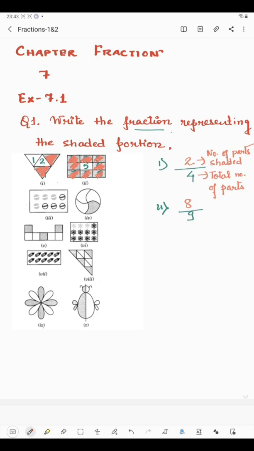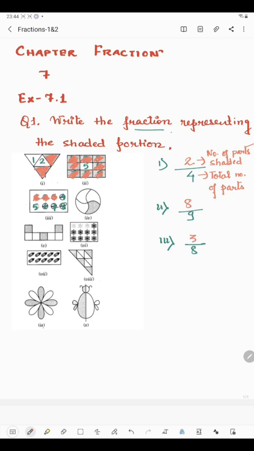Okay, now coming to the third part. Now in the third part we have 1, 2, 3, 4, 5, 6, 7, 8. Total 8 parts are there, and out of 8 parts 1, 2, 3 parts are shaded.